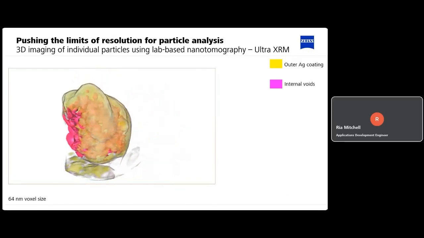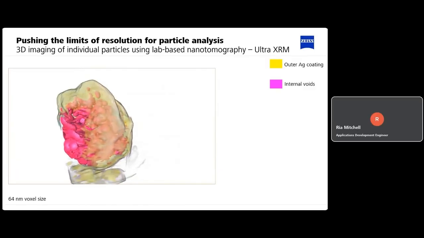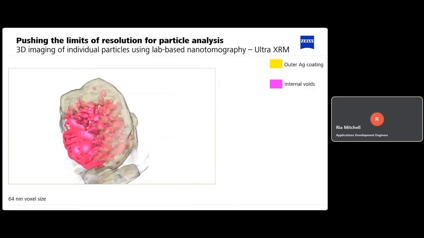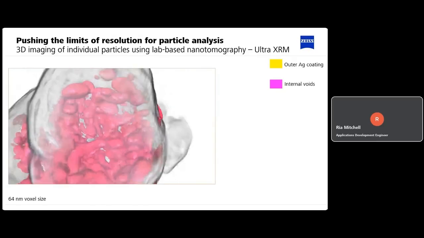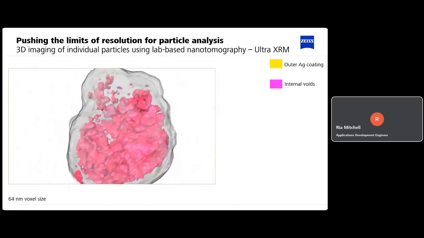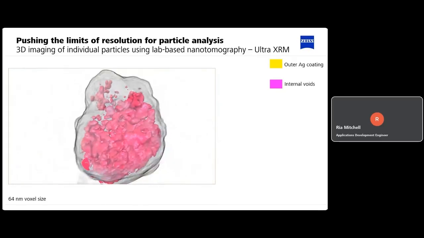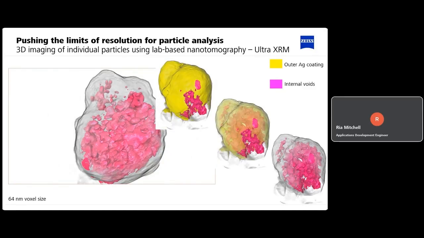So it's essentially bringing synchrotron level resolution to a laboratory-based system. We notice with this example that individual pores are found within the particle rather than one giant pore as we were seeing in the previous example. So this shows how imaging at the correct resolution, and a really high resolution at that, allows us to pick out more information from our samples.